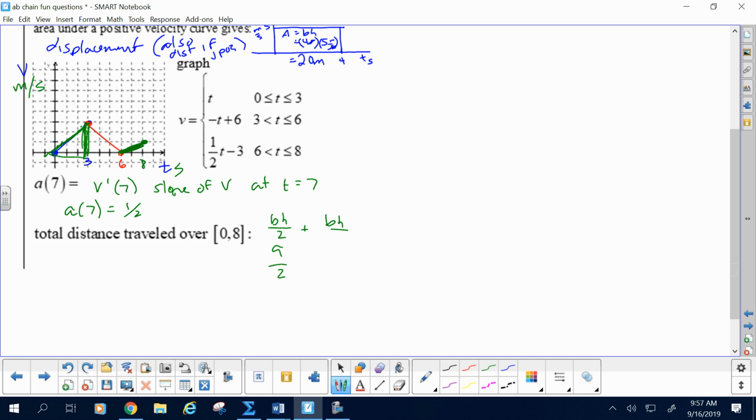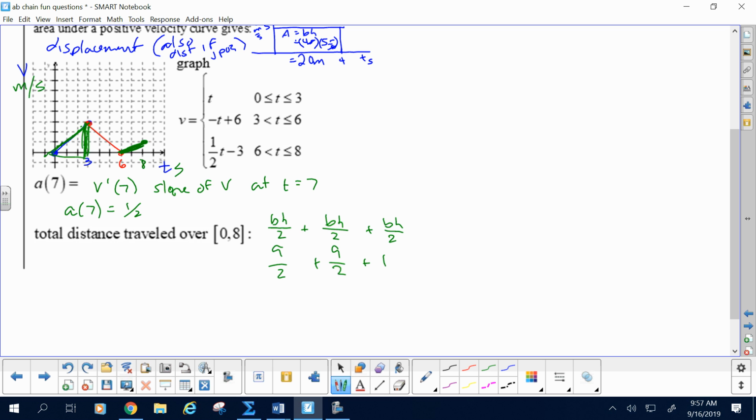How far did he move in those next 3 seconds? Again, 9/2 or 4.5 units. And then, how about that last triangle? What was his rate times time, which represents the area under the triangle? 1 unit, 1 times 2 divided by 2 is 1.